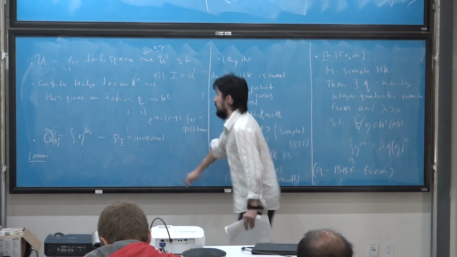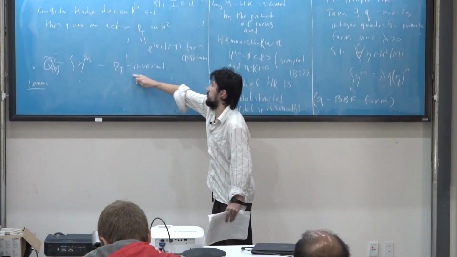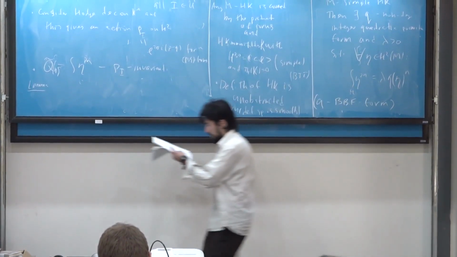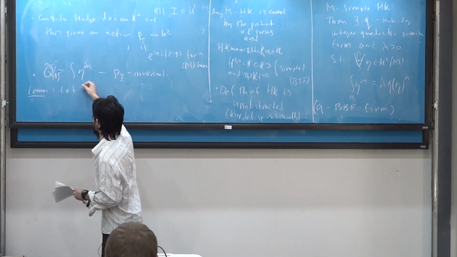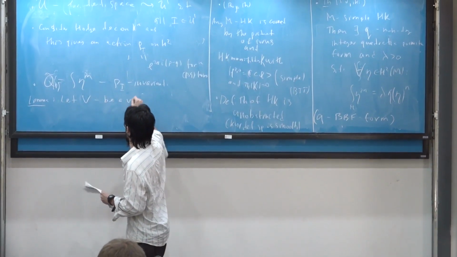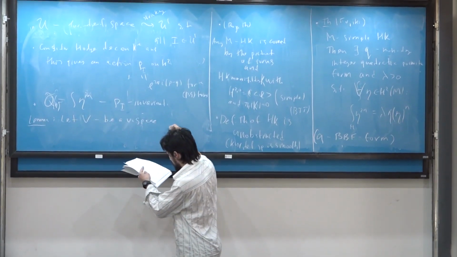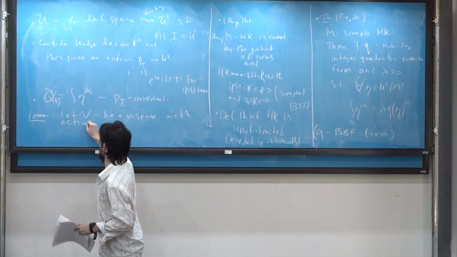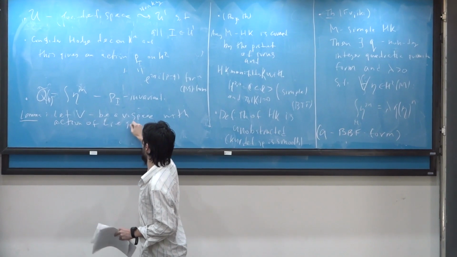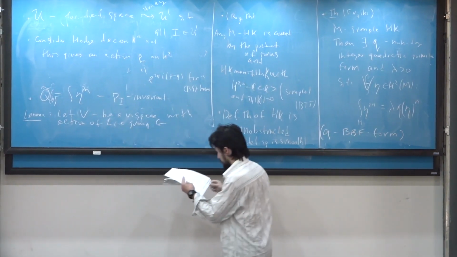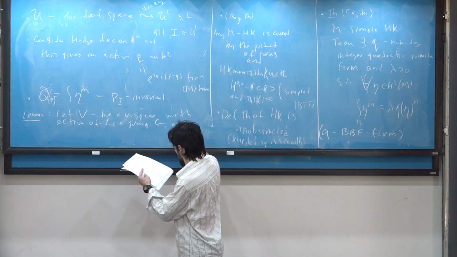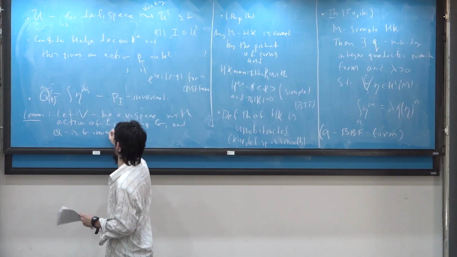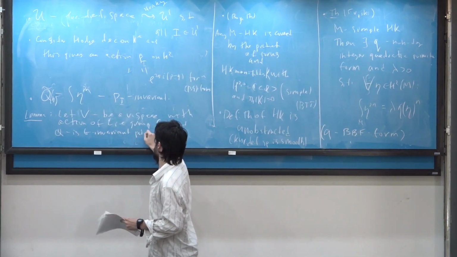We can consider a huge group which consists of all operators on cohomology, and then we have just a Lie algebra statement. So let V be a vector space with an action of a Lie group G, and Q is a G-invariant polynomial function.